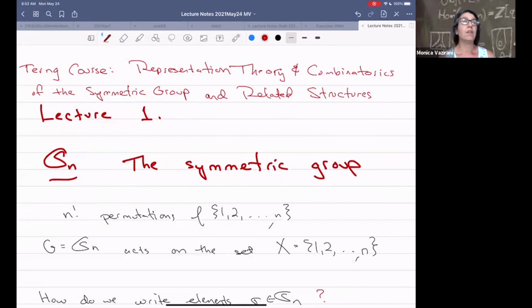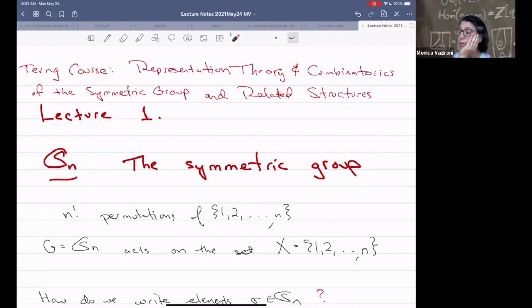All right, so the symmetric group, S_n. Now I use this funky font for my S's just because in my research there are so many letters S everywhere. I kind of have to have a different one for each, but if that gets annoying, I'll just move it to plain S. So the symmetric group has n factorial permutations of the letters 1 through n, and it's a group because you can compose permutations.